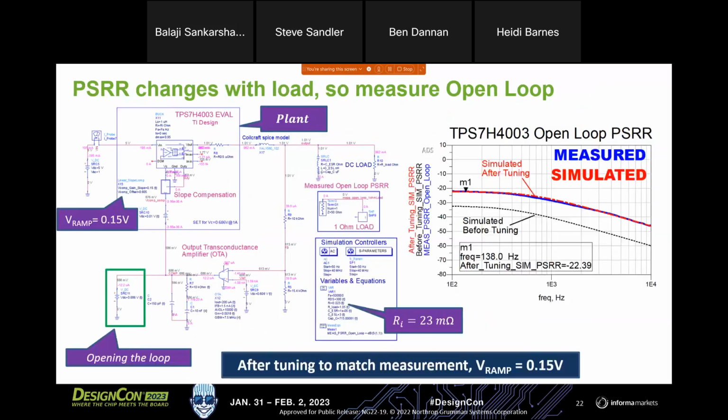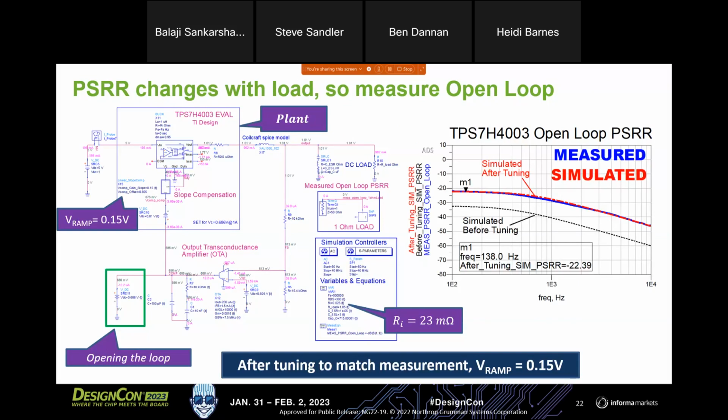Okay, so now we have our measurement that we made, and you can see where we started. That black line in the curve is where we started with the datasheet nominal parameters that gave us that minus 33 dB open loop gain.